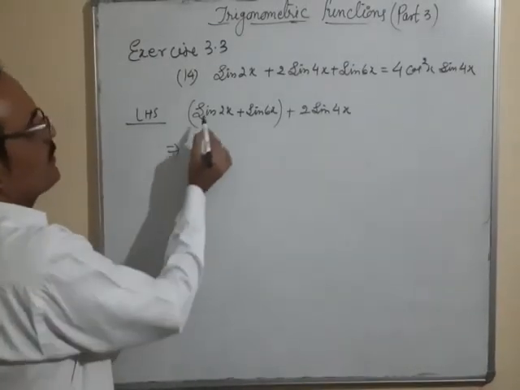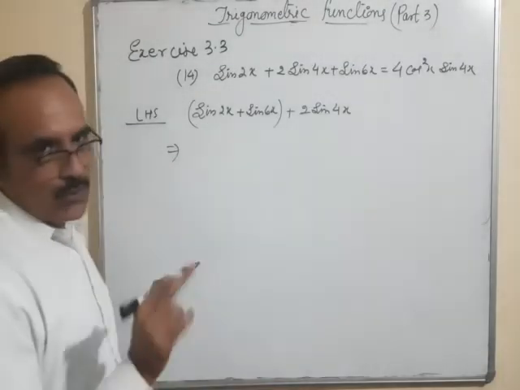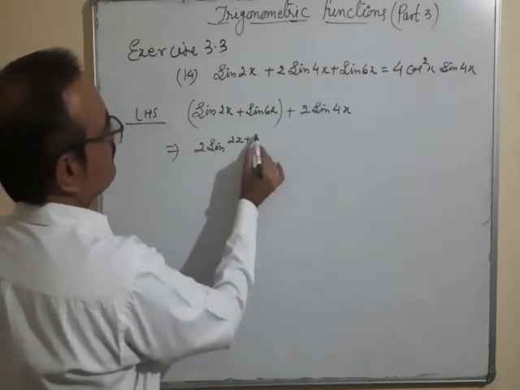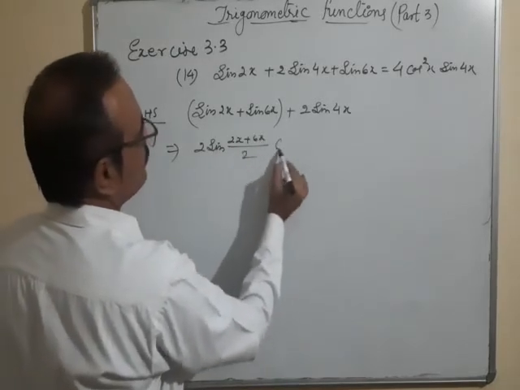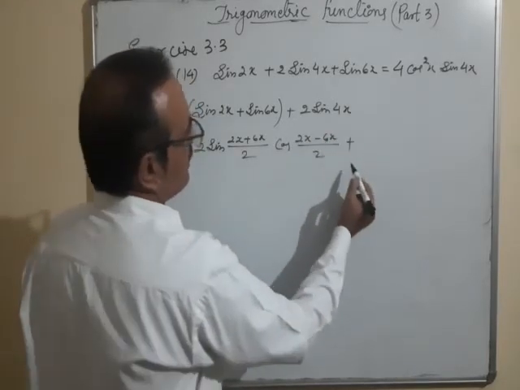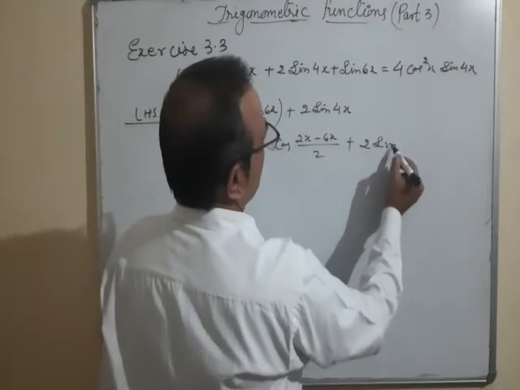Here I can use the formula sin C plus sin D, 2 sin((C plus D)/2) into cos((C minus D)/2), plus 2 sin 4x. Okay.